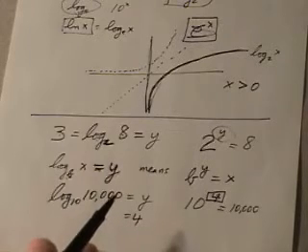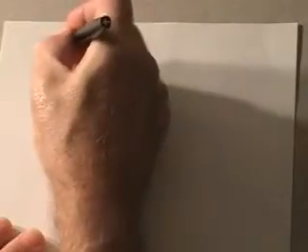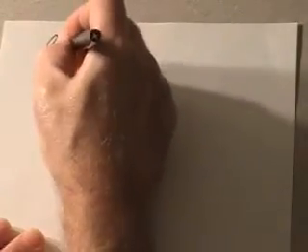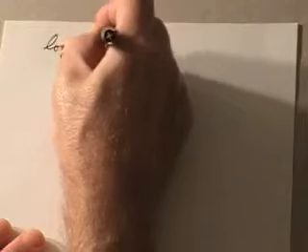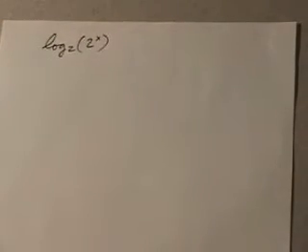Some other little things with this log business are important to notice, and very, very simple if you look at them just right. This kind of drives people crazy sometimes. What would the log base 2 of 2 to the x be? This turns out to be kind of the stupidest question in the whole world.